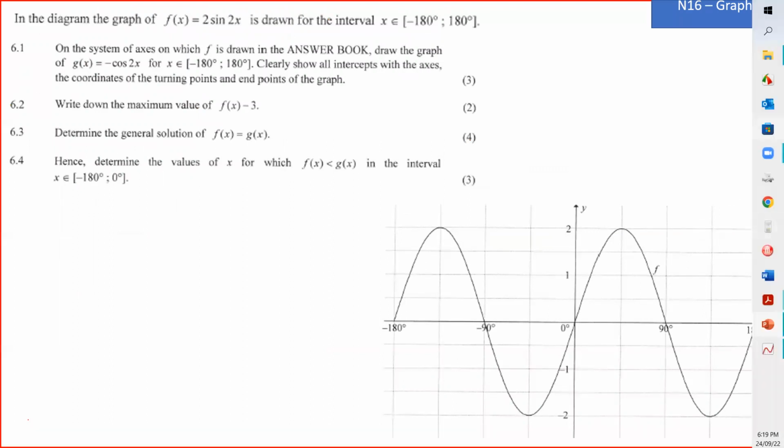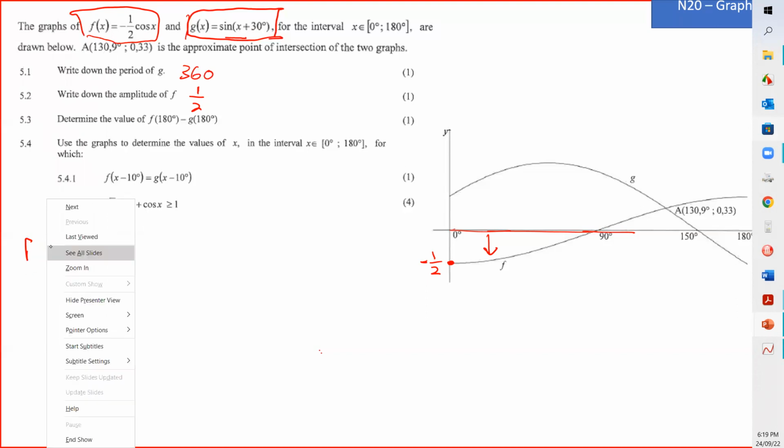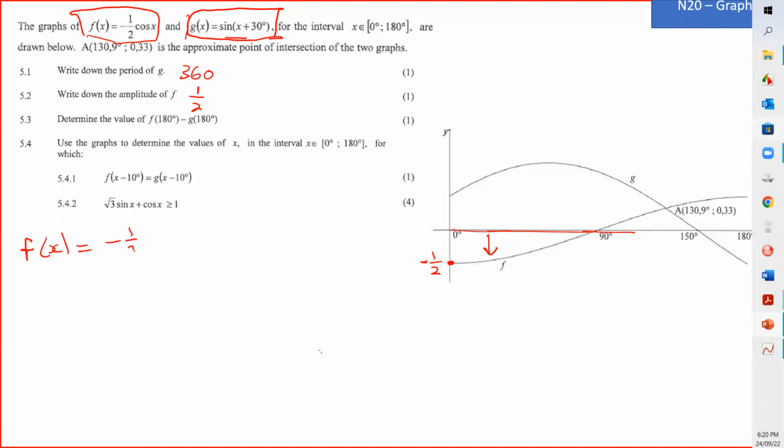So if I go into the graph, if f of x is equal to -half cos x, what we're going to do is find cos 180. Type that in the calculator. And then we're going to find g of x, which is equal to sine of x plus 30.